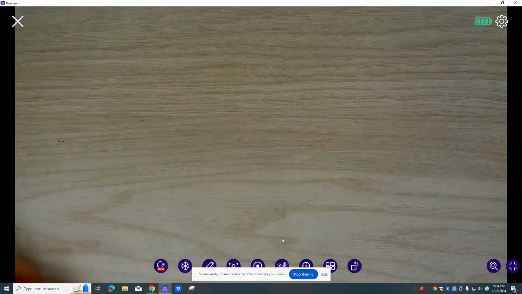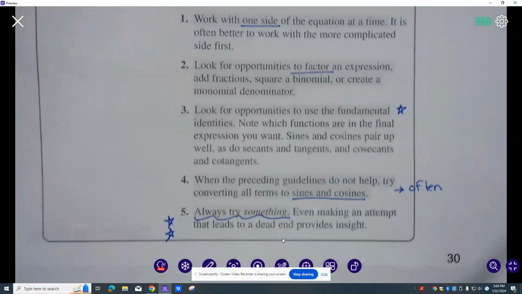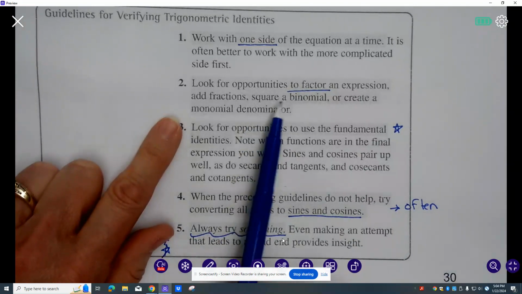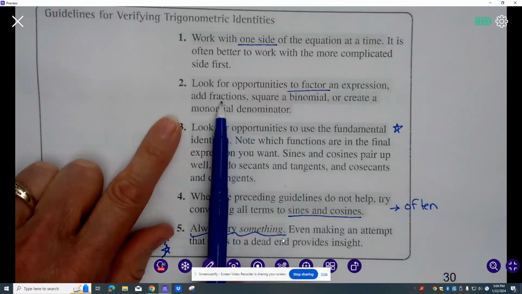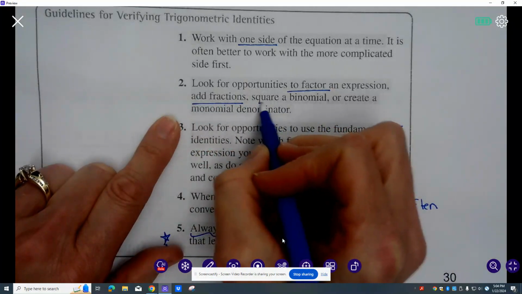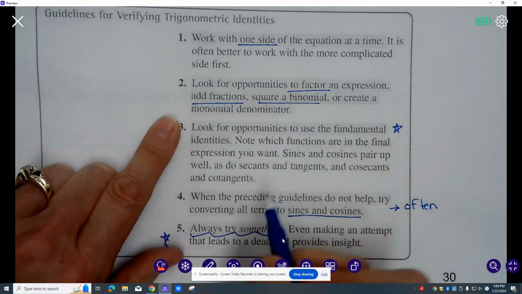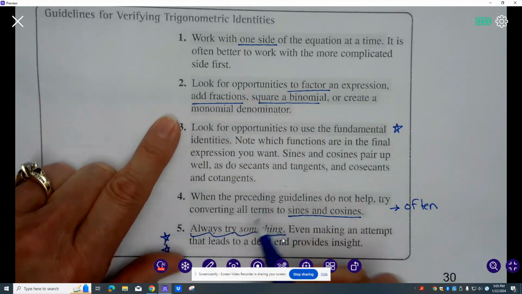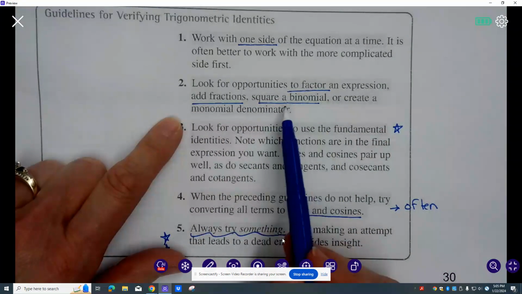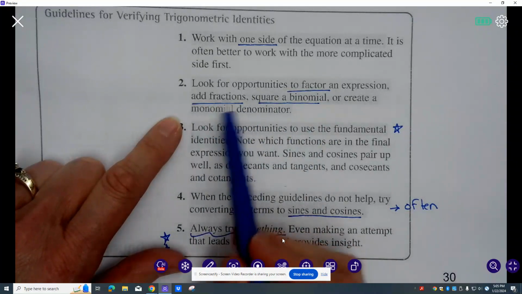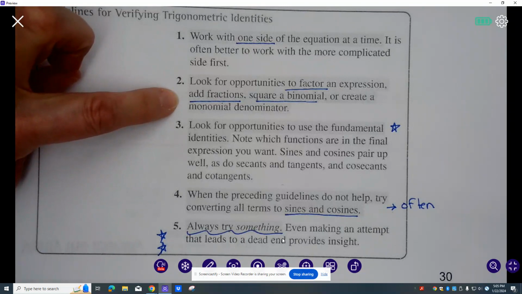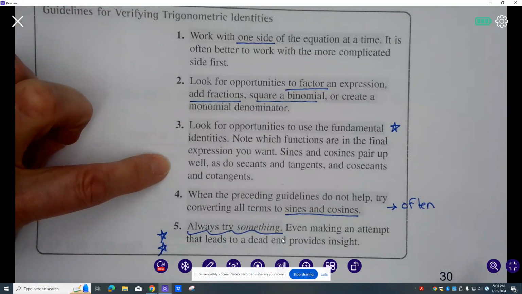And in general, it's often best to work with the messier side first. Look for opportunities to factor, add fractions, square a binomial. That means multiply a binomial out using FOIL or box method. Do some algebra on these things, or the adding would not even be algebra. So this is kind of like simplify whatever you can get.